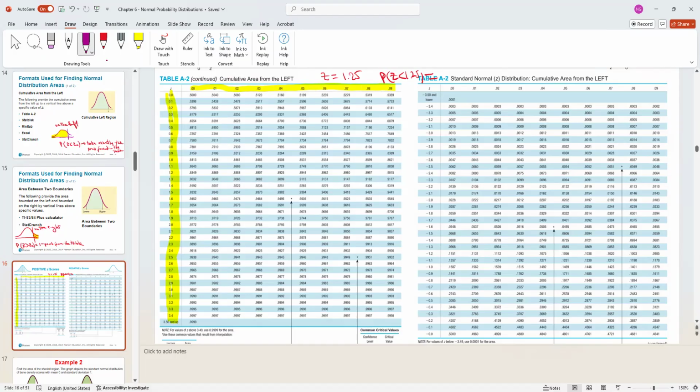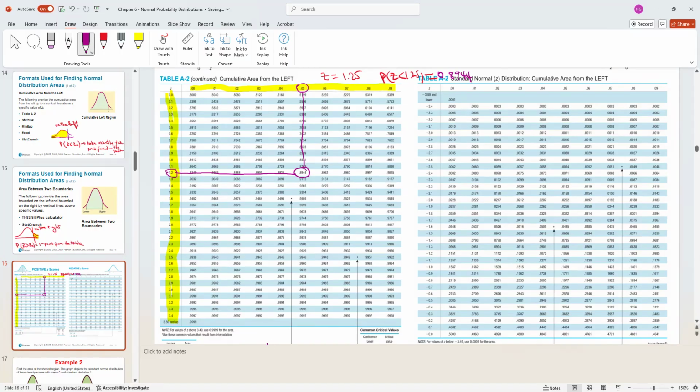We have 1.2. To make it 1.25, I look for this one here. So you see the corresponding probability to 1.25 would be this value right here. So it is 0.8944. Do you see it?